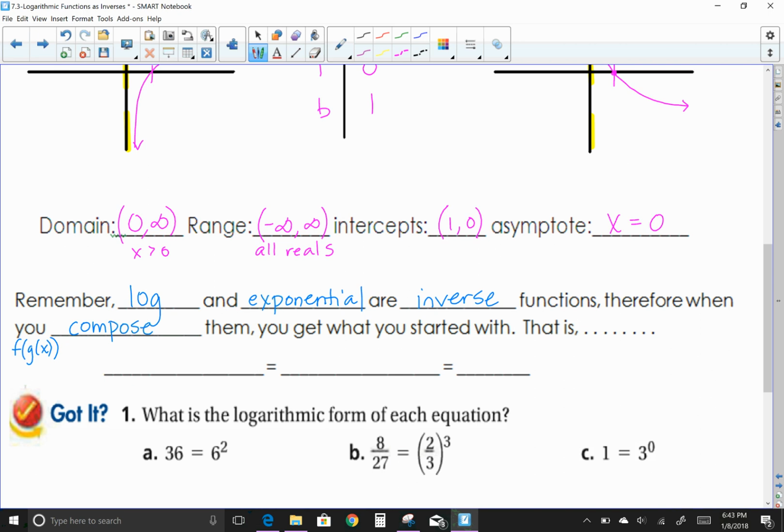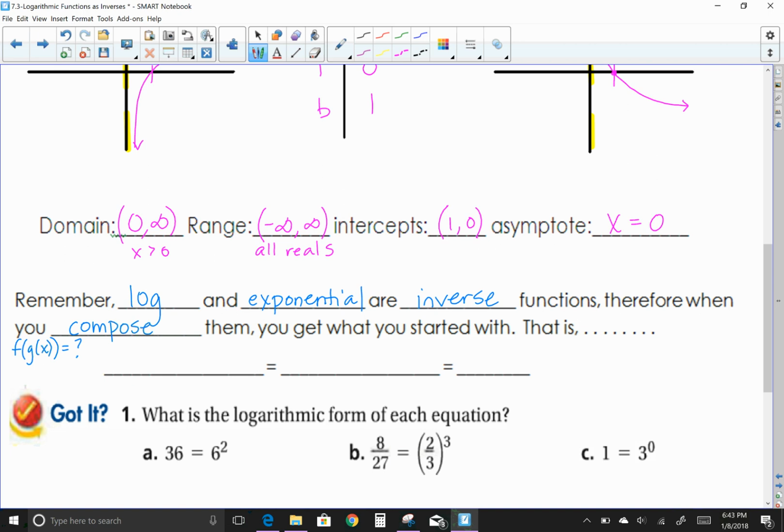Okay? And we did this, and if they are inverses of each other, this was equal to, ooh, candy question. We'll see if anybody watches this before class, but it's a candy question. When I compose them, what do I get out? Okay? And I hope you answered x. Whenever you compose inverse functions, you get x. That's how we knew whether or not they were inverses.